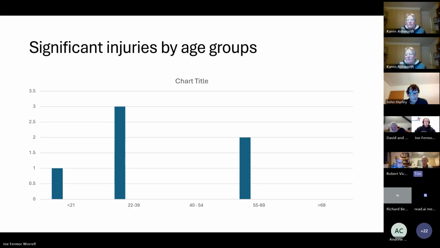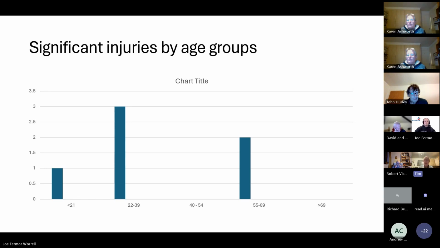I was a bit surprised that the greater than 69s didn't have more significant injuries, but that's what it showed up. So this is giving you a rough feel of some of the information you can get. This is just general information without asking specifically for what is the learning from it.